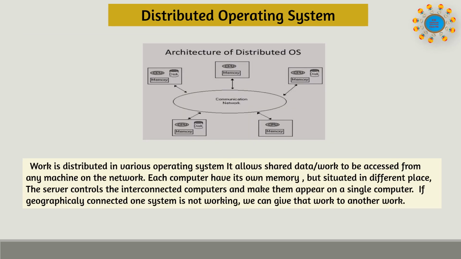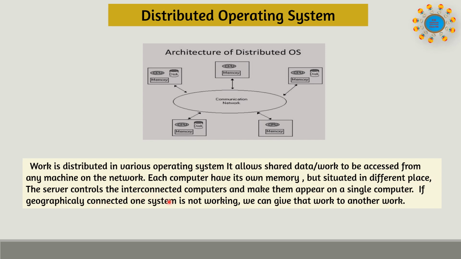Distributed operating system. As the name says, the operating system is distributed. The work is distributed across various operating systems, otherwise we can say computers. It allows shared data to be accessed from any machine on the network. The network will be there, and computers or operating systems will be connected to the network, and each computer has its own memory but is situated in different places.